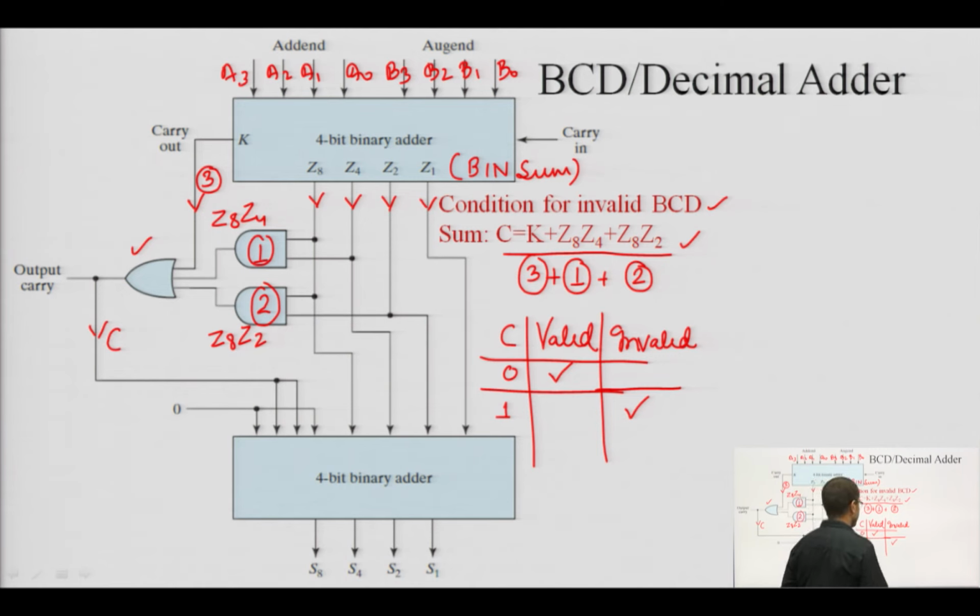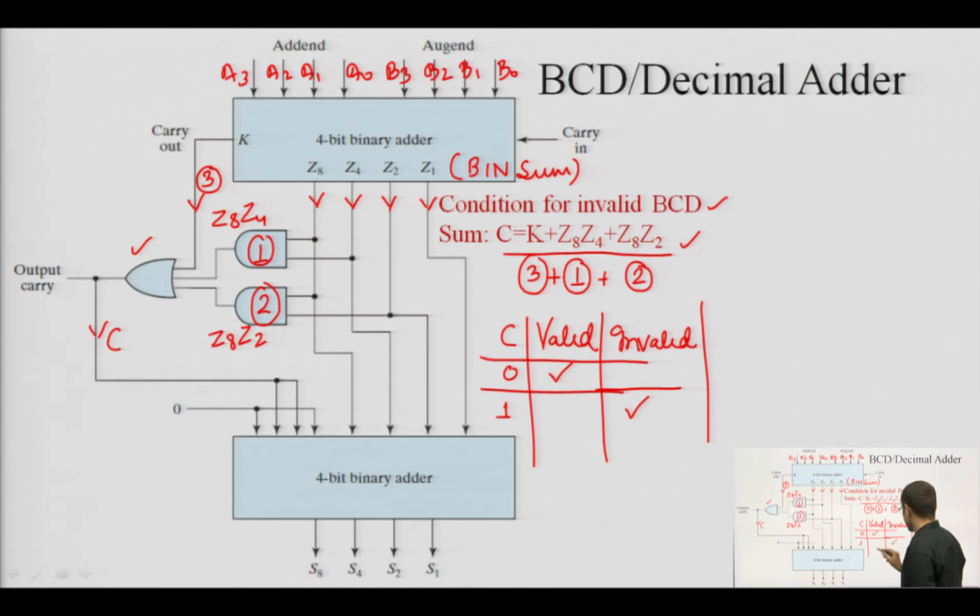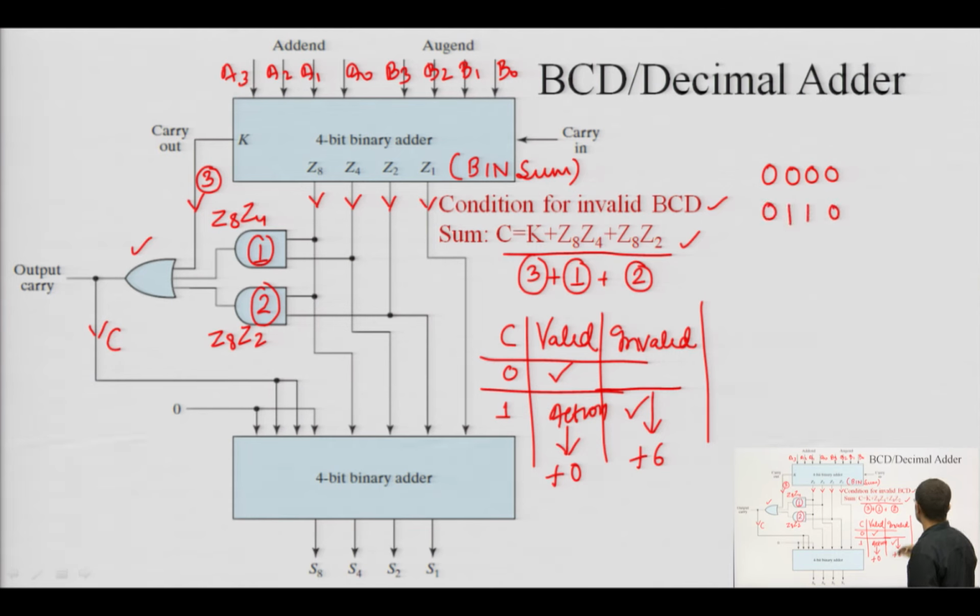And the action to be taken: if it is valid, then we have to add 0, that means I do not need to add anything, and if it is invalid, then I need to add 6. So, 0 in binary can be written as 0 0 0 0 and 6 in binary can be written as 0 1 1 0.